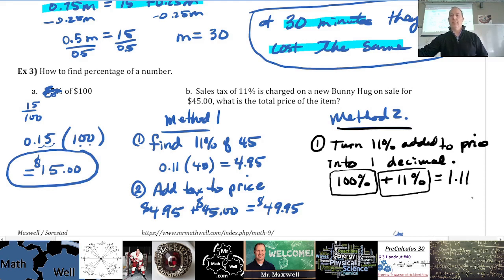1.11. Okay? So instead of just finding the tax and adding it, we're going to find 1 decimal and multiply it by the original price. So multiply new decimal here by original price.